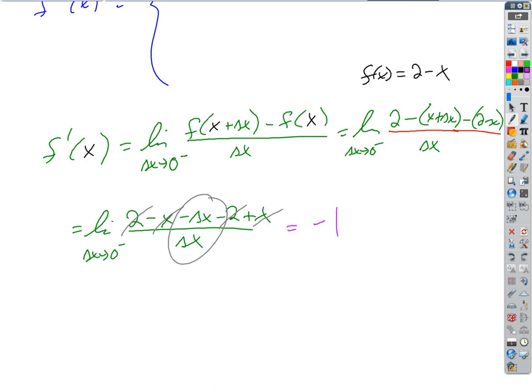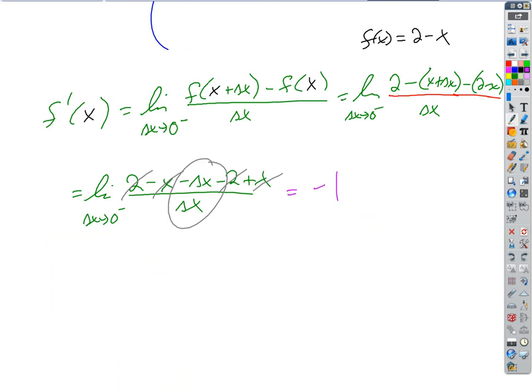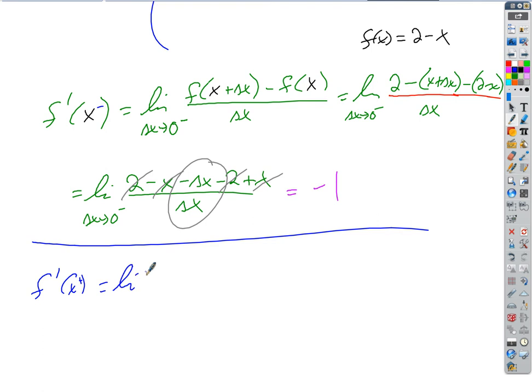Okay, if we did the same process from the right, you can already anticipate what's going to happen. f prime of x from the right, so we'll call that minus, we'll call that plus. The limit of, we can just skip over to here, can't we? All the math's the same. Oh, actually, it's not quite, never mind, because we got a different function.